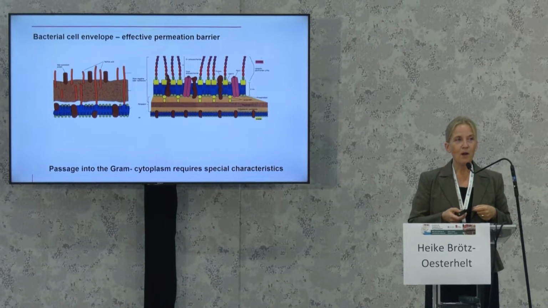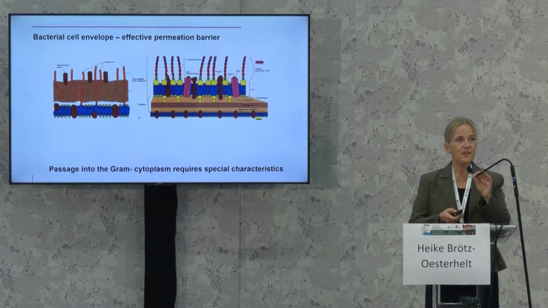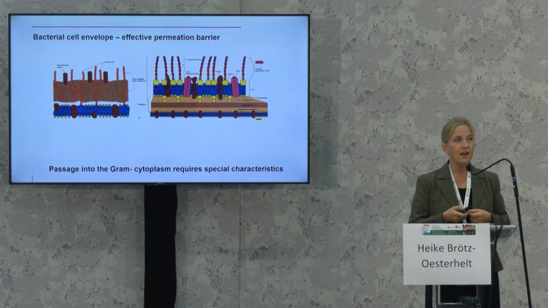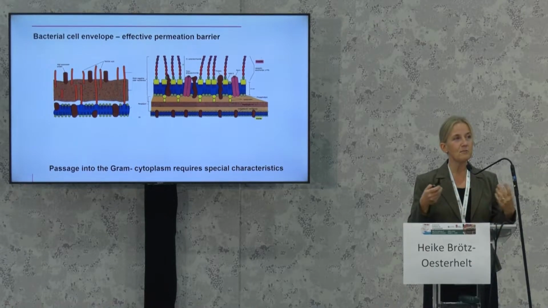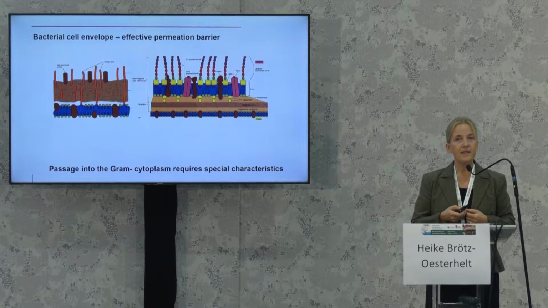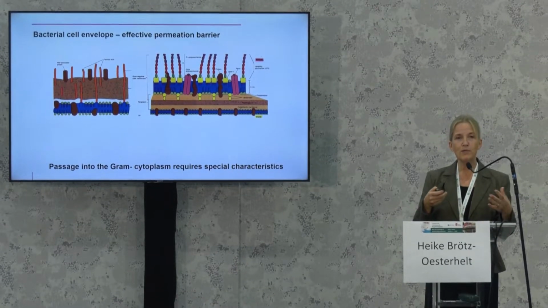So why does it seem to be difficult to enter the bacterial cell, and that is more particularly a problem for gram-negative bacteria? The reason is, and others have studied this much more in depth than me, that we have two opposing barriers.